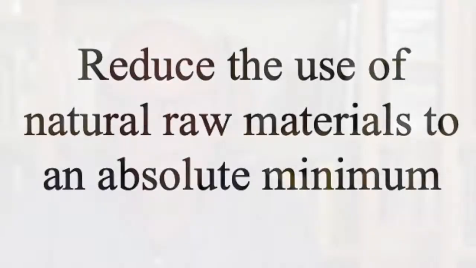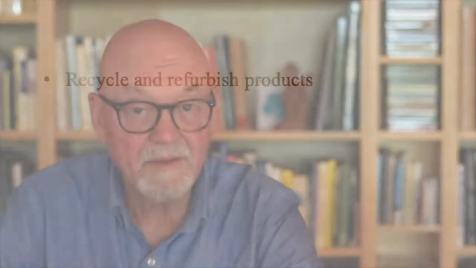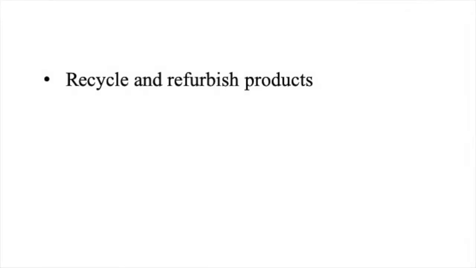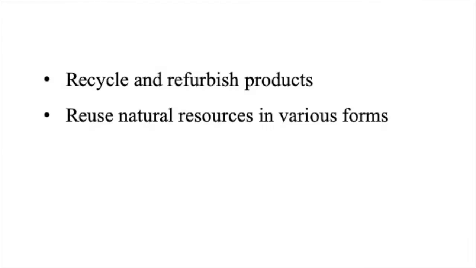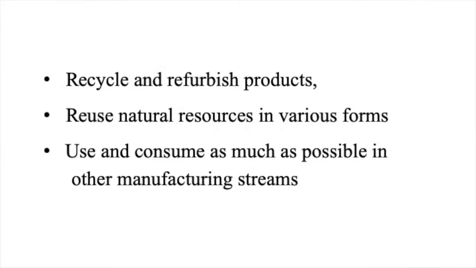These are great words to say, and it's a terrific idea, but how do you actually do that? Three popular first steps are to recycle and refurbish products, to reuse natural resources in various forms, and finally, use and consume as much as possible in other manufacturing streams within your own organization.